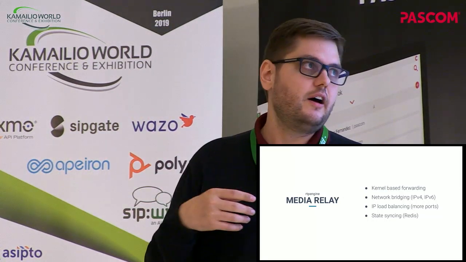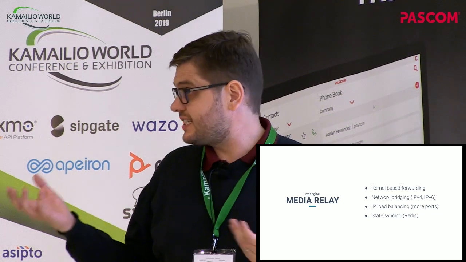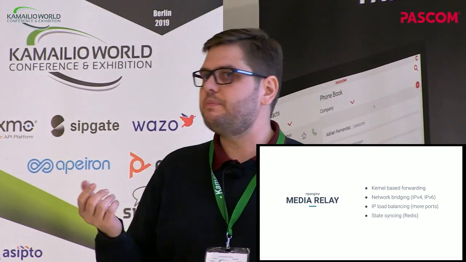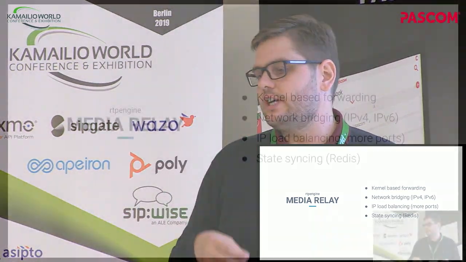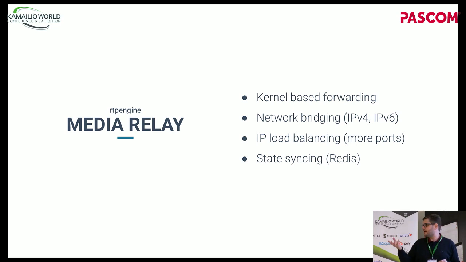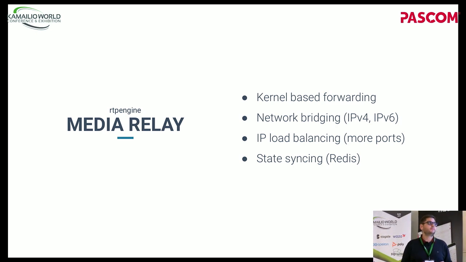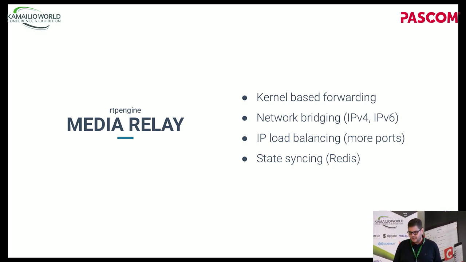It does network bridging, so you can do IPv4 to IPv6 bridging. You can bridge between two IPv4 networks. You can use DNAT for AWS deployments where you are within a private network and need to advertise a public network. And since it's really fast, it can relay a lot of media streams.